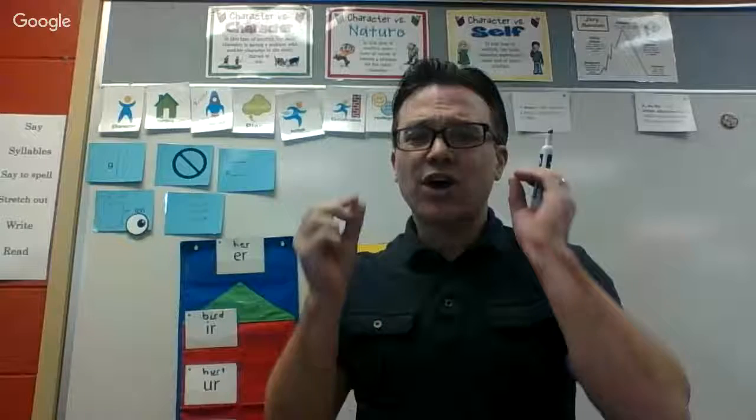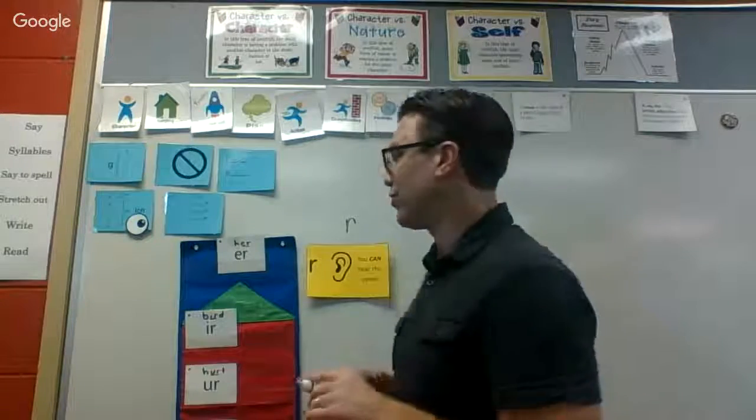But here's where I learned something, all right? After studying this lesson for a little while, I read that you can't always hear the difference in the sounds until you put them in an actual word. And then there's some clues that will help you to figure out which is being used, all right?